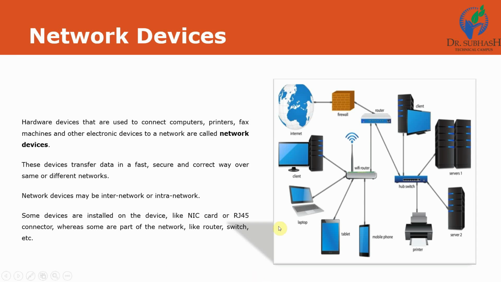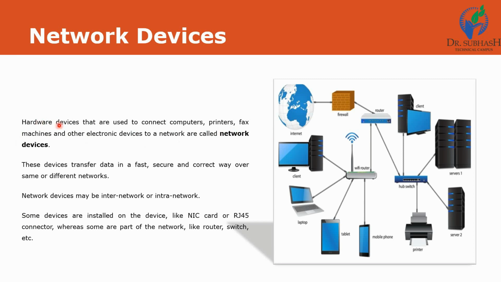So hardware devices that are used to connect computers, printers, fax machines, routers, projectors, as well as mobile devices and other electronic devices to a network are called network devices. As per the book's definition, what are network devices?